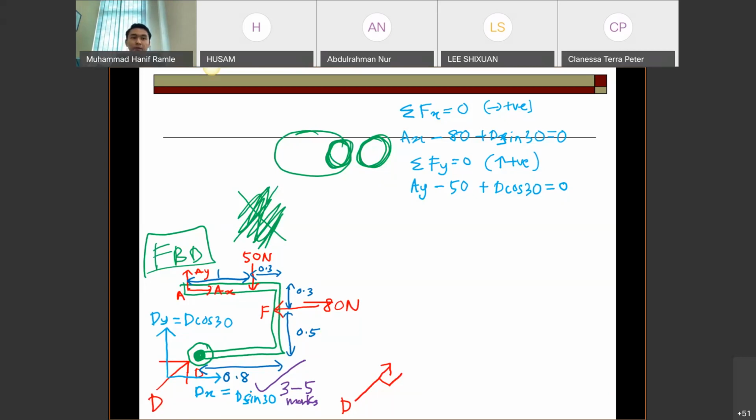Another way to develop the equation? Anyone?